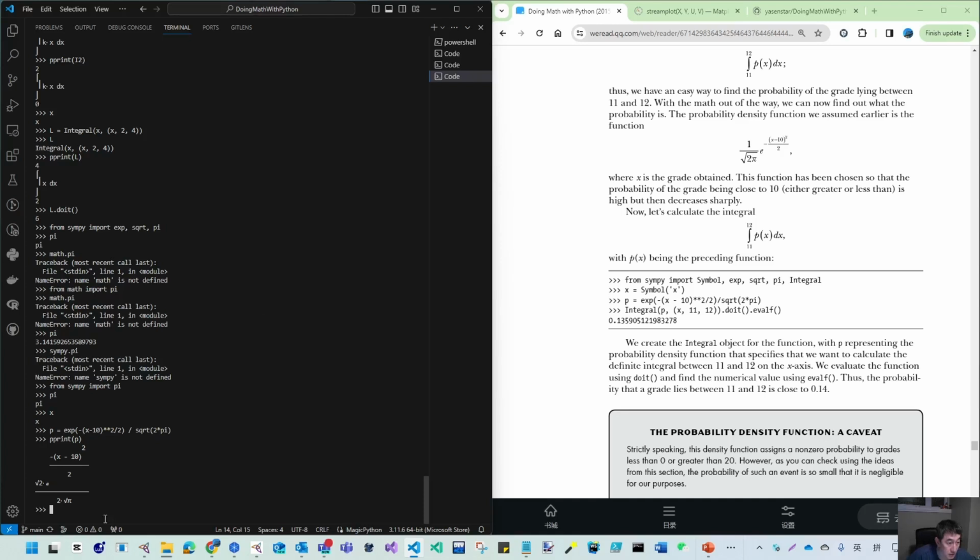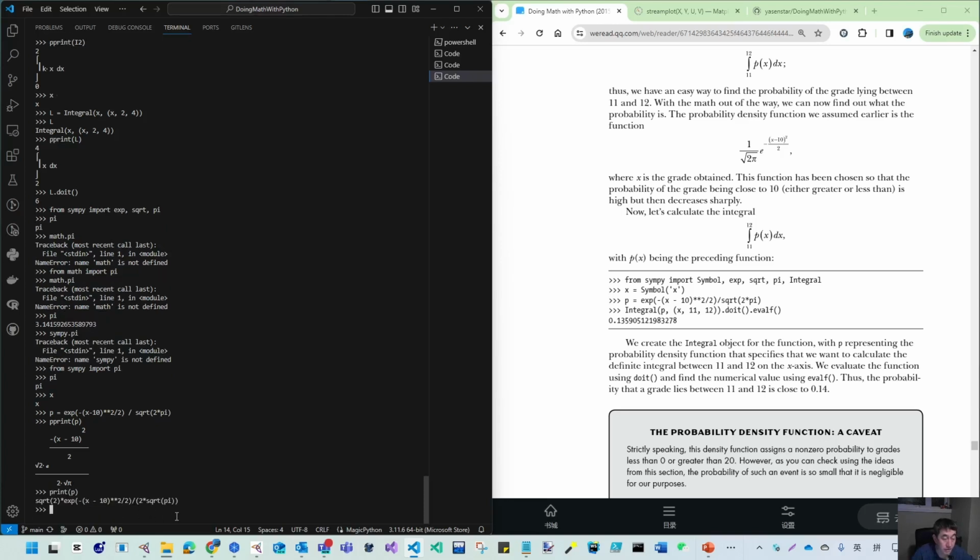It's not so good, but they put the square root of 2 under this line, and e with this one. If we just make the normal print, it comes out as this expression.